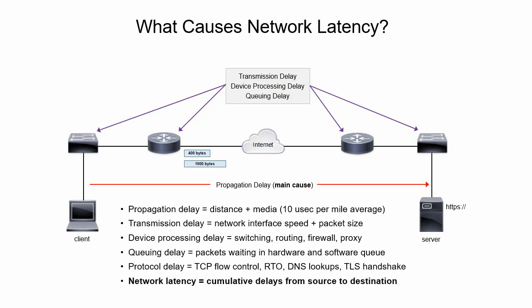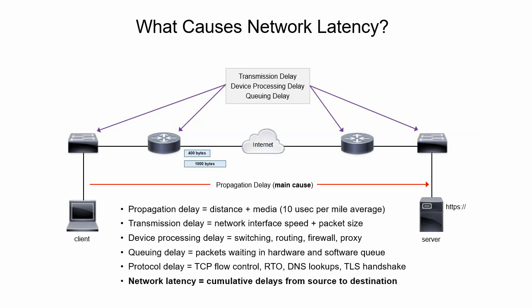Then there's transmission delay. The idea here is that anytime you're putting bits on the wire, as we talked about with serialization at the physical layer, it takes time to put each one on the wire. That's what transmission delay is, just the time to put the bits on the wire. It's a function of the network interface speed and packet size.